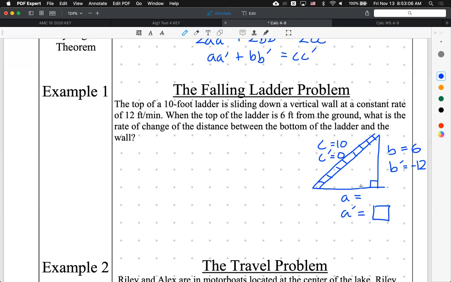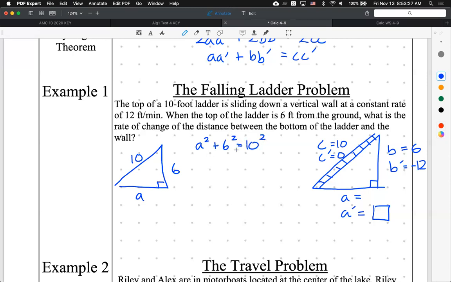So it can't be that easy because we haven't used any calculus yet, really. But we can solve for A. Because if I just think about the three non-calculus terms, if I just have a right triangle here that's 10, 6, and A, I can figure out A. How do we get A, Fiona? There it is. A squared plus 6 squared is equal to 10 squared. Do some math.